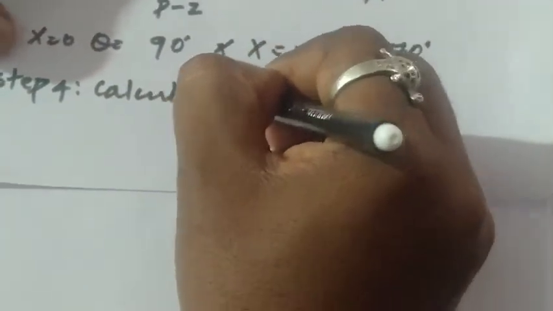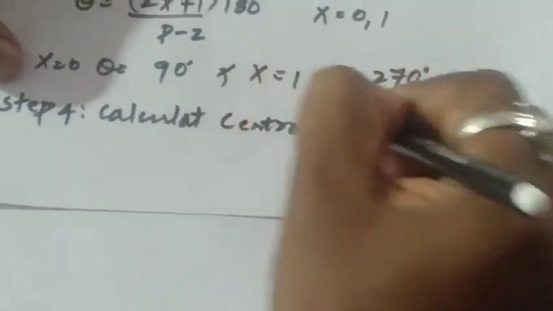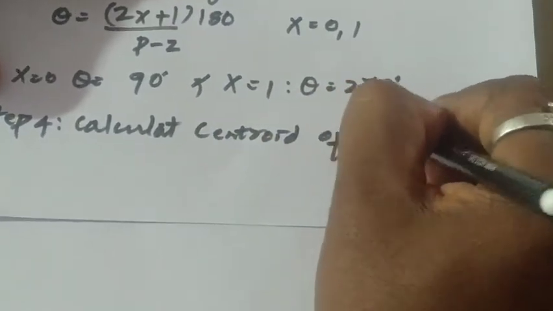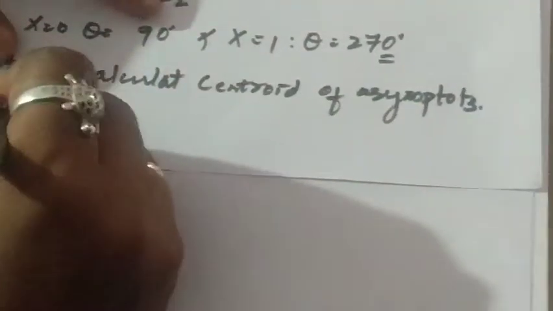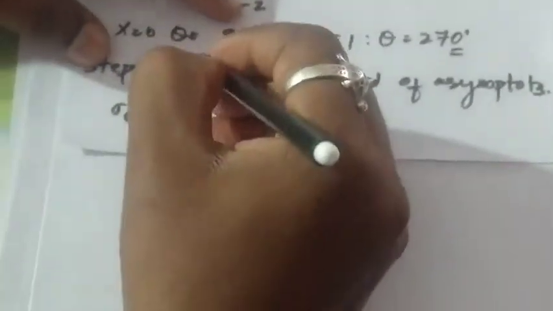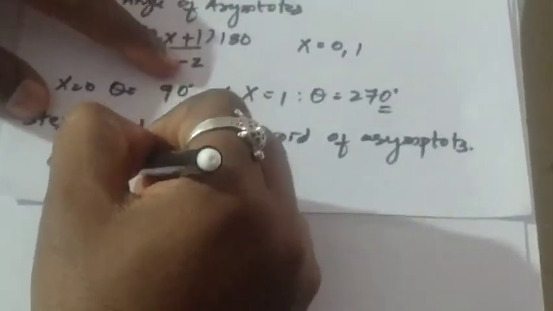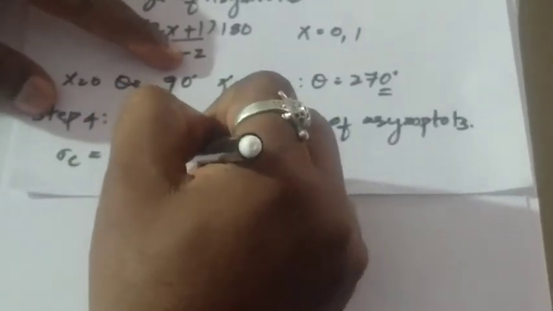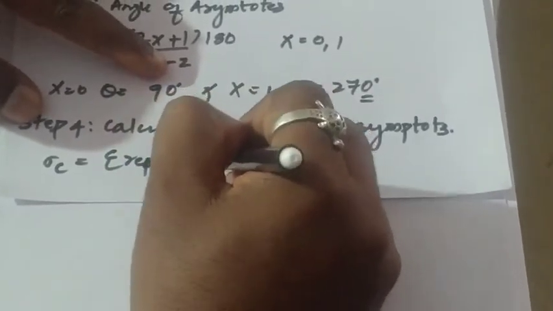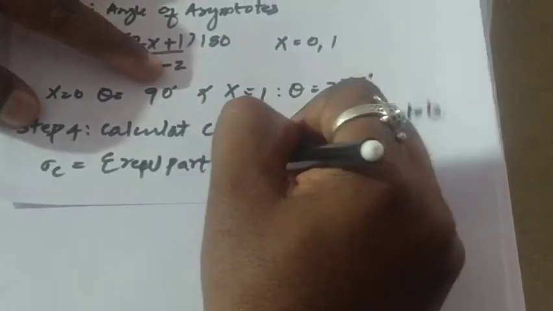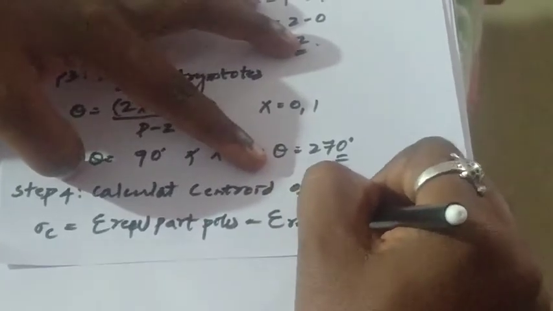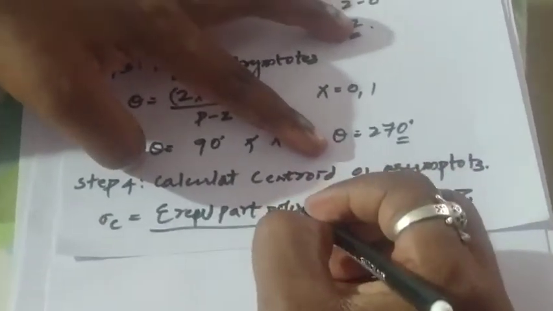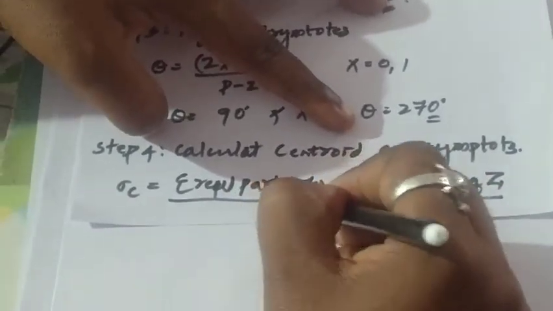Centroid of asymptotes, sigma c, is equal to the summation of real parts of poles minus the summation of real parts of zeros, divided by p minus z.